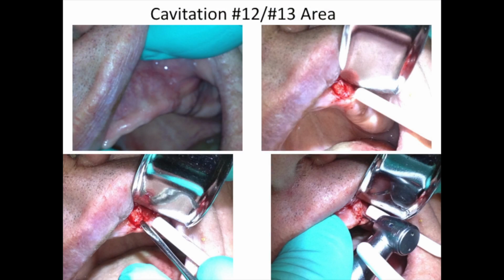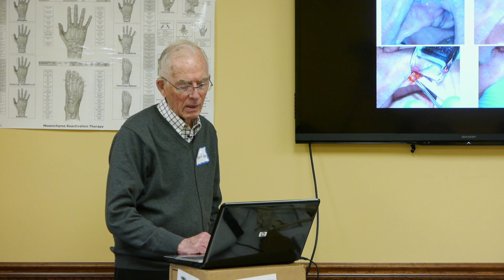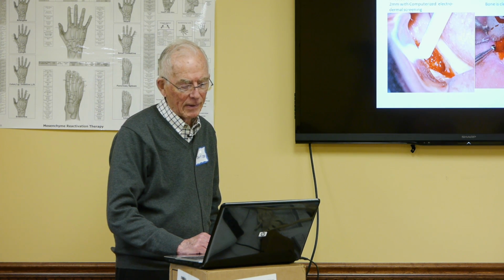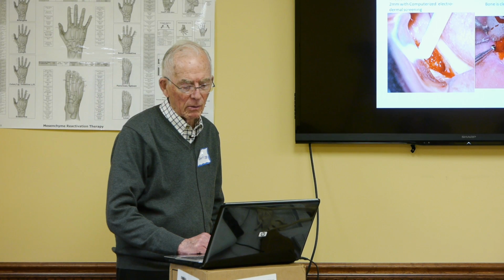This is another one of the cavitation. We use a small burr to cut the area and then pick out the bone, send it into a pathology department in Texas. Infection was found within 2 millimeters. Like I said, there, his bone is clean with a number 8 round burr.